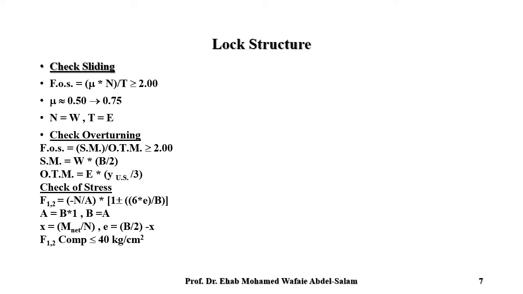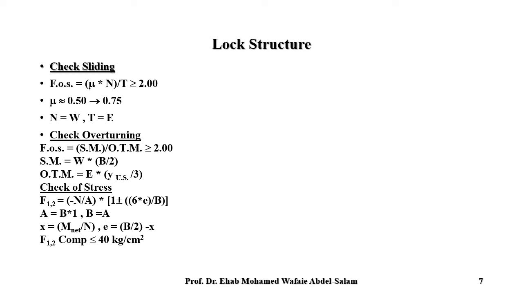N capital equals G, W capital; T capital equals E. Check overturning, factor of safety more than or equal to 1.5, and there is an equation for SM over OTM, something like that.